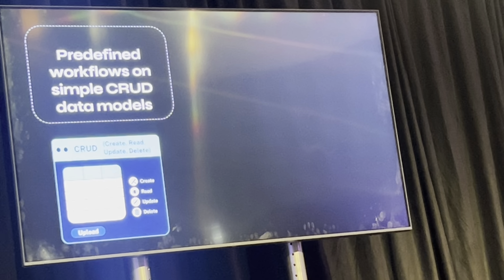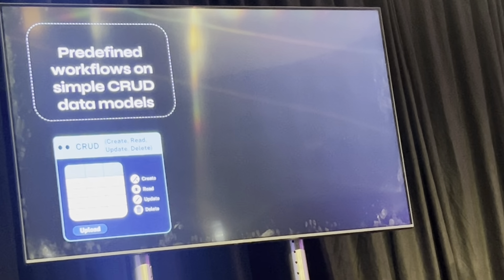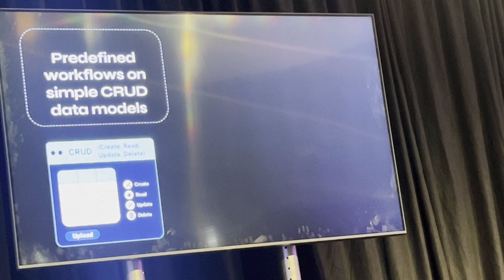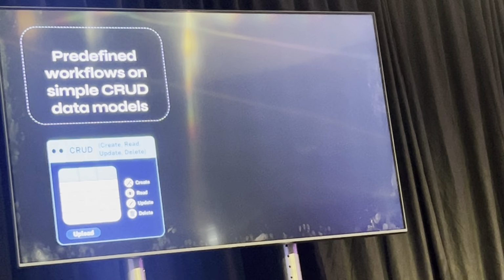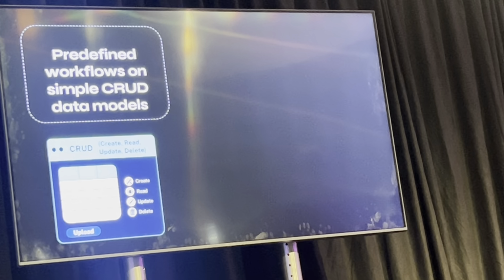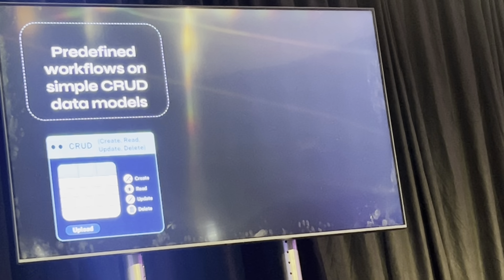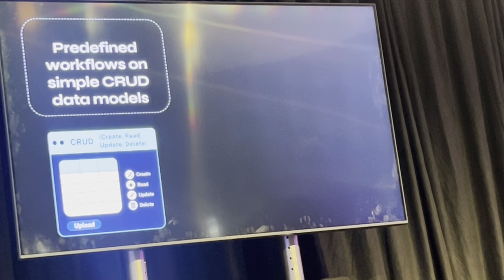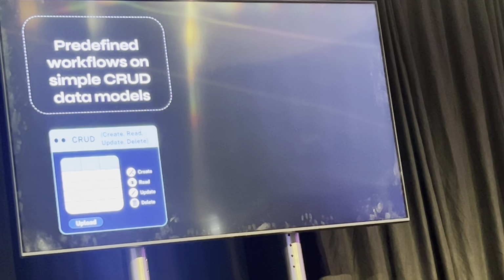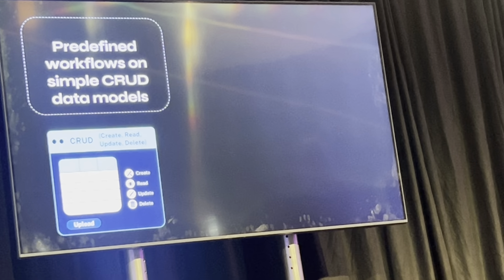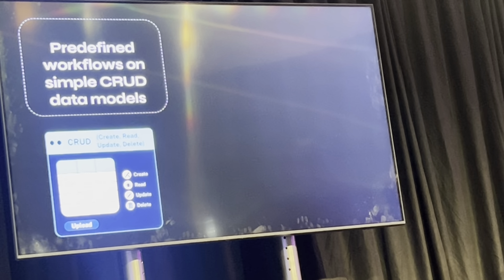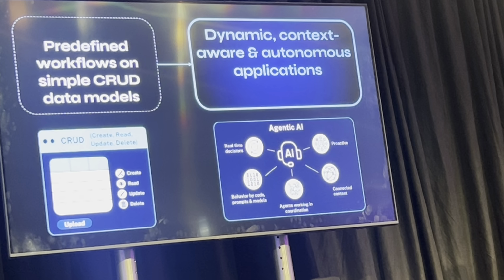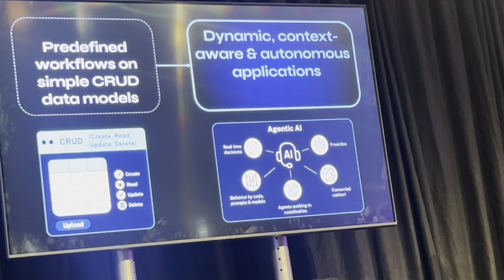But what are the ways in which applications are changing, so that you can make sure that your architecture is entirely taking advantage of all the new stuff, and you're not using old, brick and mortar techniques? One is, we're going from having predefined workflows on simple create, read, update, delete data models to having dynamic, context-aware, autonomous applications.